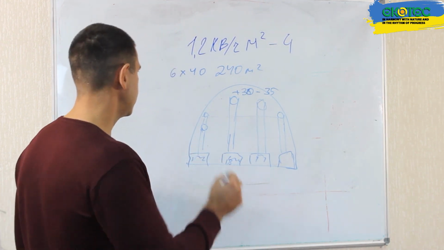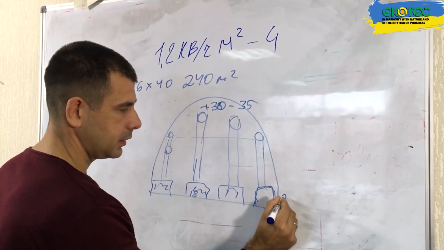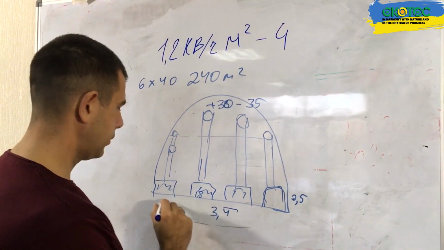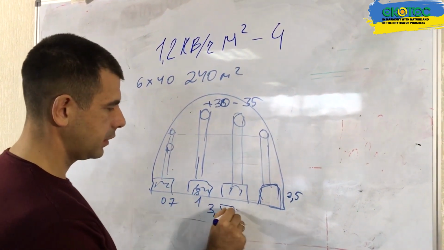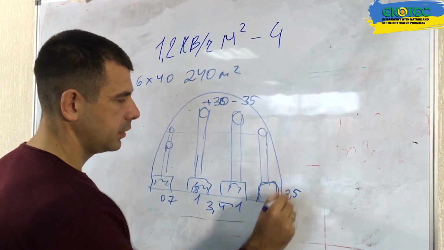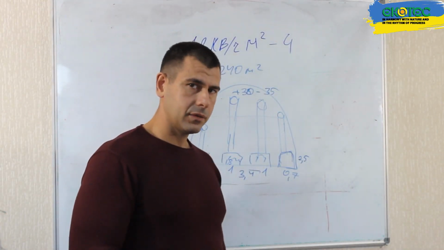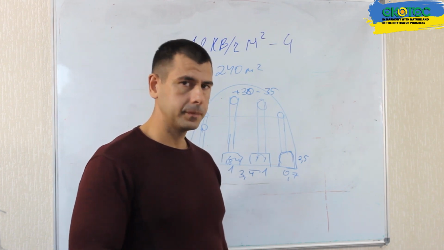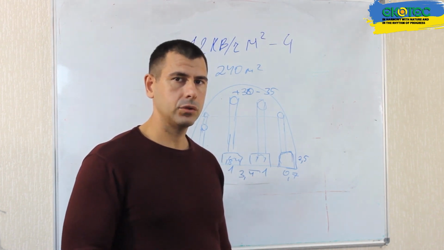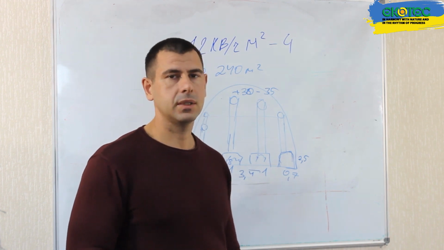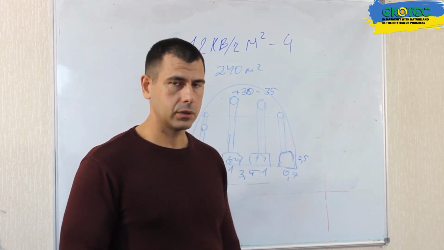With a specific heat capacity of 1.3, this soil can store approximately 109 megajoules of thermal energy. If we convert this to kilowatt-hours, it's approximately 30 kilowatt-hours per degree. We have a temperature range from 18 to 25 degrees Celsius, which is a 7-degree temperature change. By multiplying by 7, we can calculate the maximum amount of thermal energy that can be accumulated in the soil.